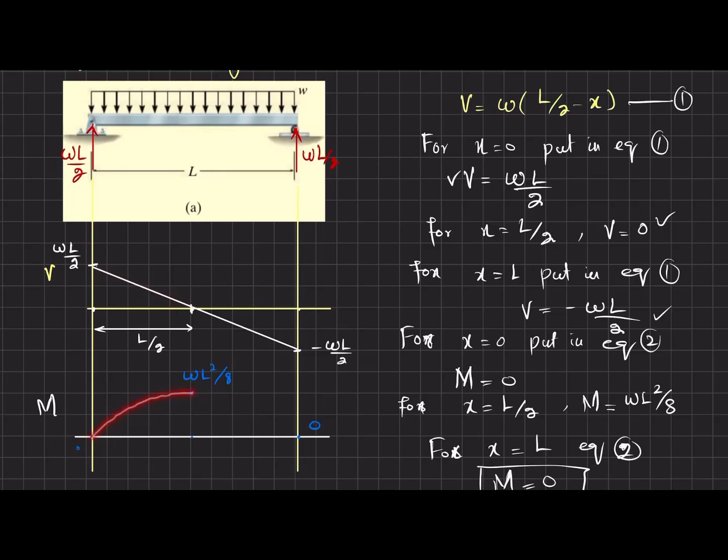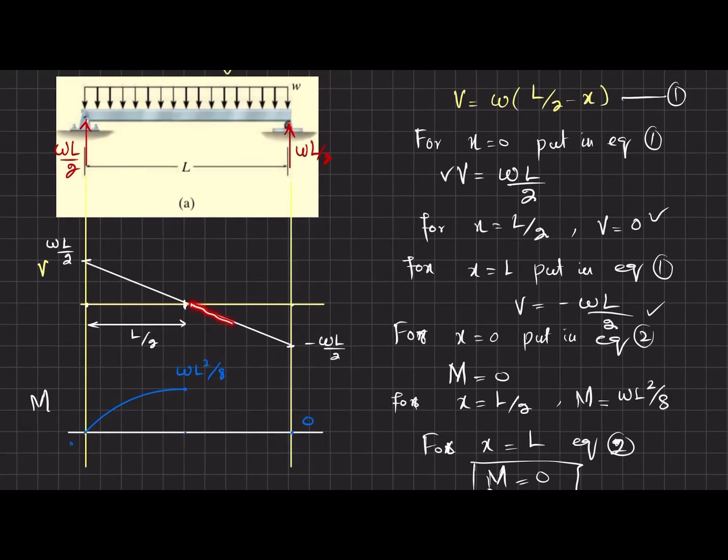I will draw it by using a curve there. And similarly here we have the same scenario. The shear force is first degree and decreasing, so the bending moment will be a curve like this one.